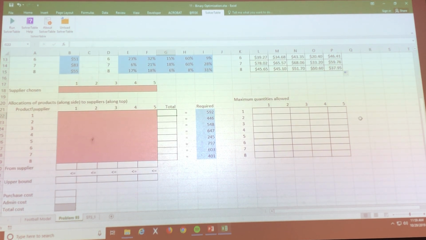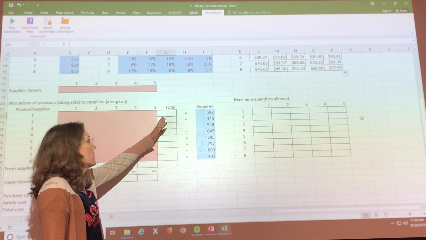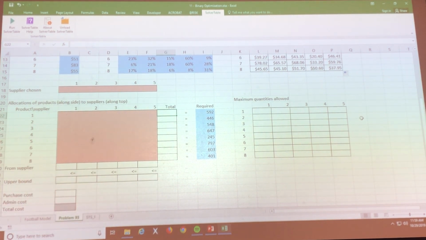We have to make sure that we get all of the product that we require, that we're ordering. And so what are we gonna do in cell, where am I, G22? What are we gonna do in cell G22? Yeah, we're just gonna sum that row. And that's gonna be true for all the rows.